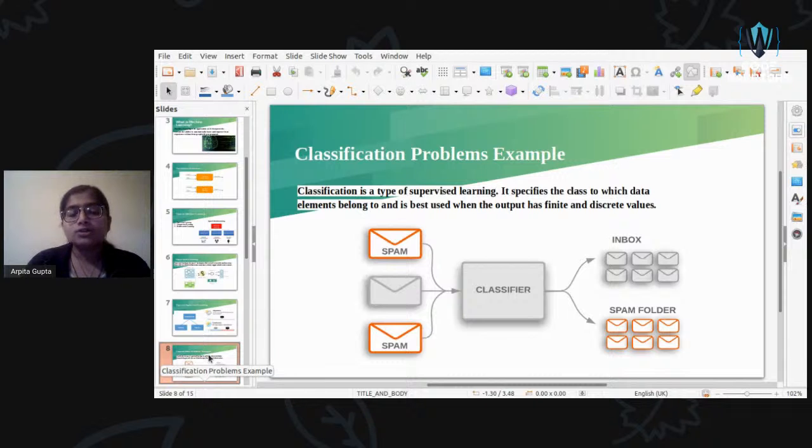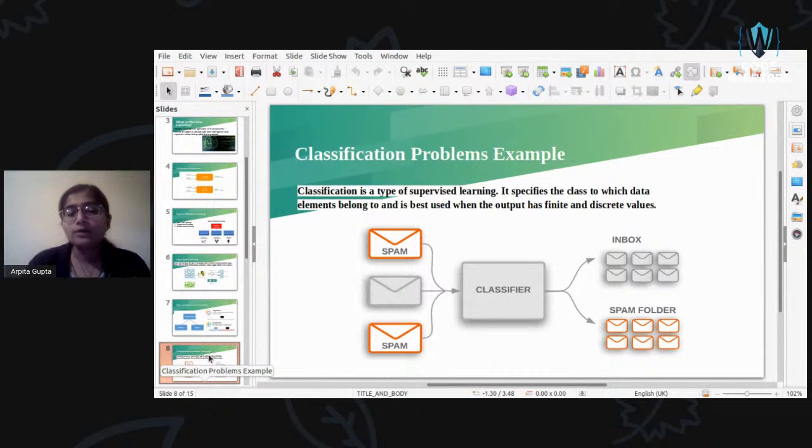There's a mechanism at the back end where we do text summarization, then we classify that text. But there's a proper machine learning algorithm running behind. It's beautiful. Whenever an email comes, it checks the content of the email, and if it finds that it is spam, it sends it to the spam folder.